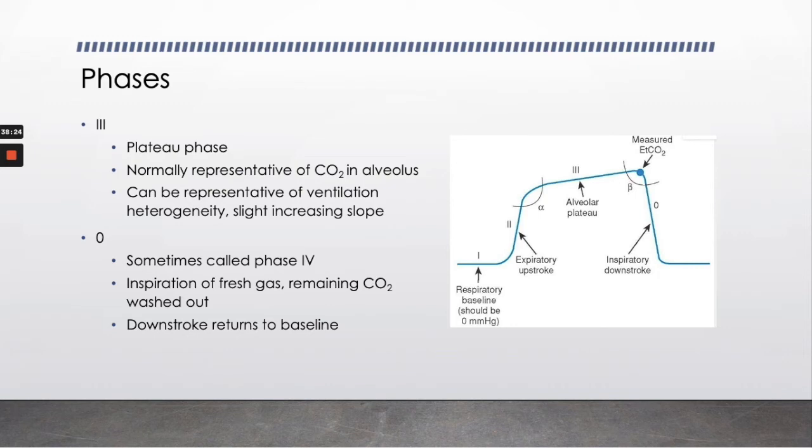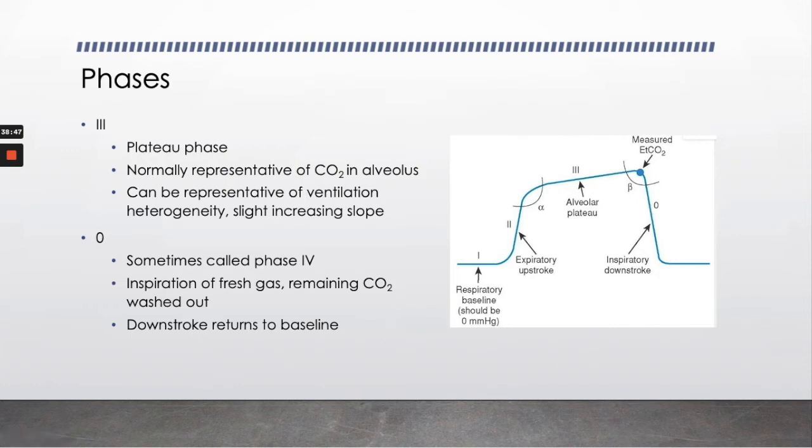Now, with phase 0, in some books it could be called phase 4, but most of the time it's called phase 0. When I'm talking about phase 4, which we'll talk about in the next slide, phase 0 here is when inspiration begins.